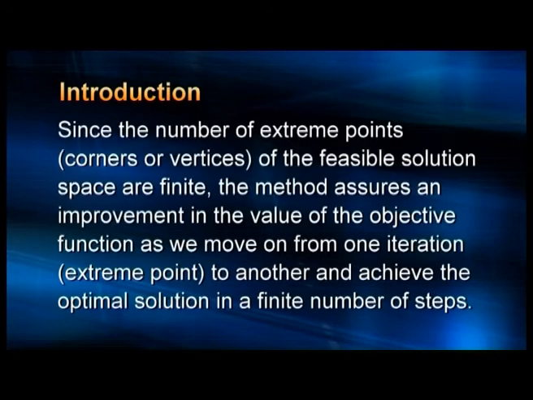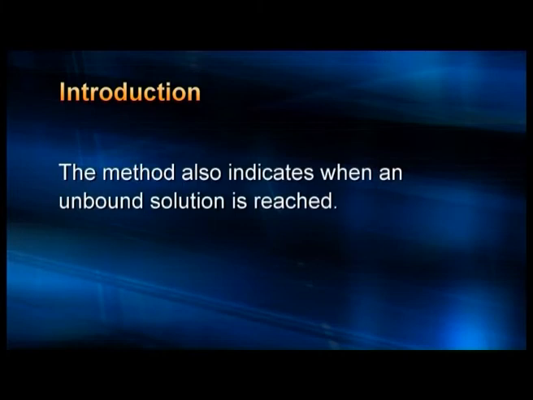Since the number of extreme points, corners, or vertices of the feasible solution space are finite, the method assures an improvement in the value of the objective function as we move on from one iteration, extreme point to another, and achieve the optimal solution in a finite number of steps. The method also indicates when an unbounded solution is reached.